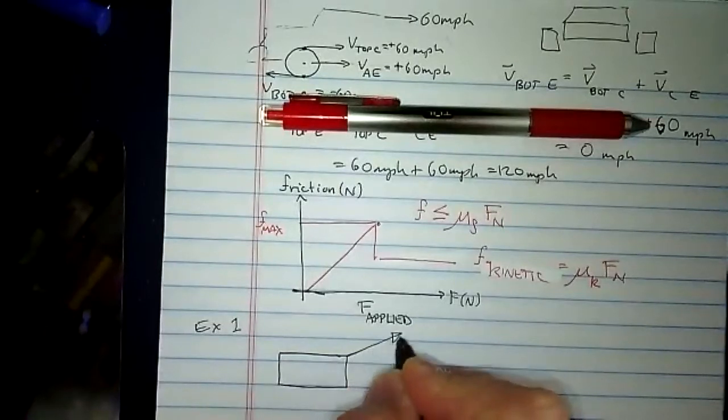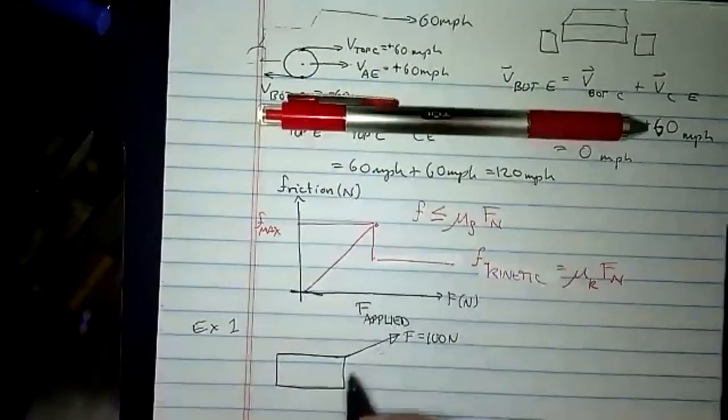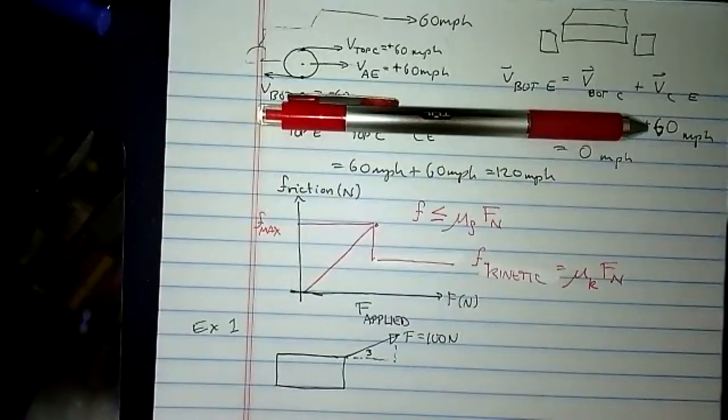So I'm going to say this force F is 100 newtons. And I'm going to say it is applied at a 36.9-degree angle. Is that 36.9 we want? Yes, I think I want 36.9.